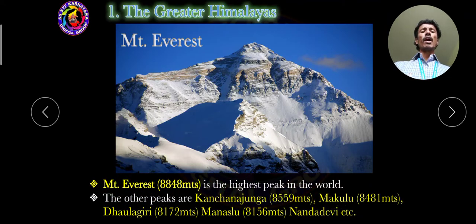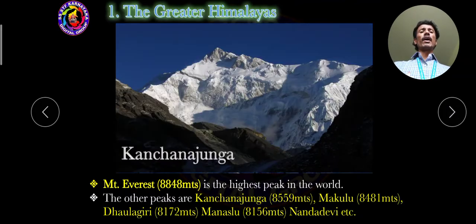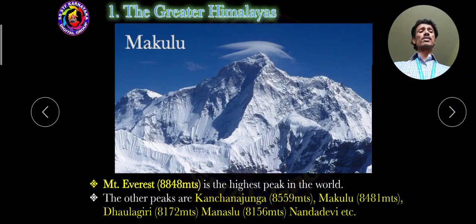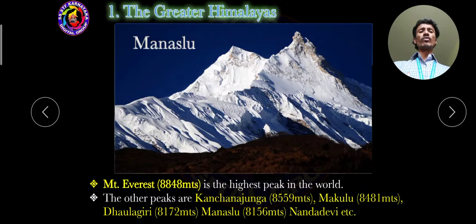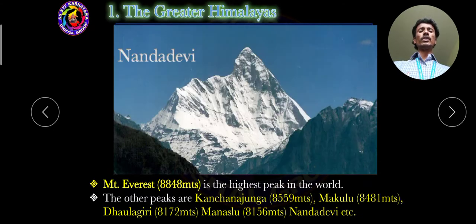This is the picture of Mount Everest, and this is Kanchenjunga. This is Makalu, this is Dhaulagiri, this is Manaslu, and this is Nanda Devi.